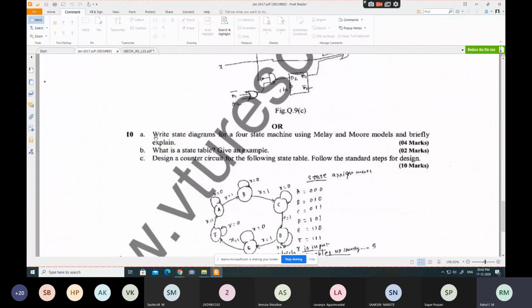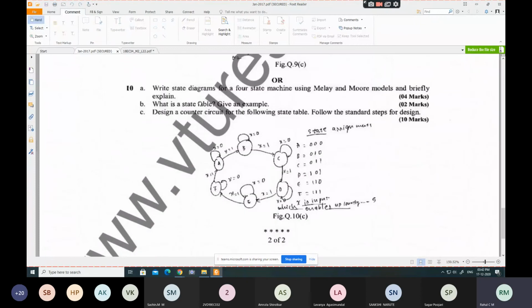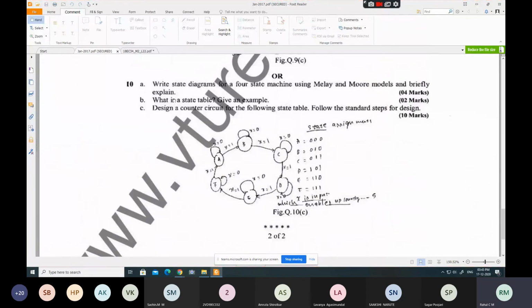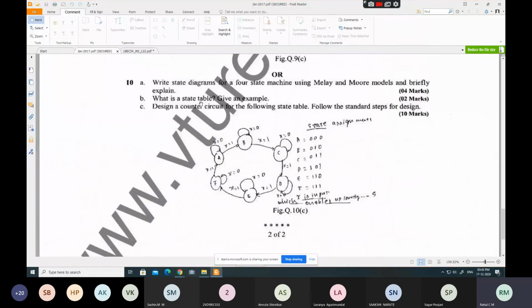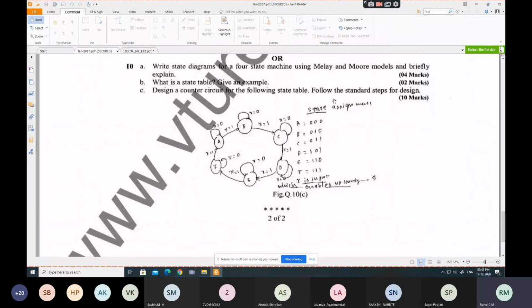Write a state diagram for a 4-state machine using Mealy and Moore models and briefly explain. Again, same thing, explanation of Mealy and Moore. What is a state table? Give an example, for 2 marks. Last question for 10 marks, in which you are supposed to design a counter.